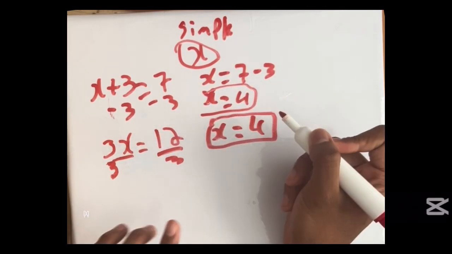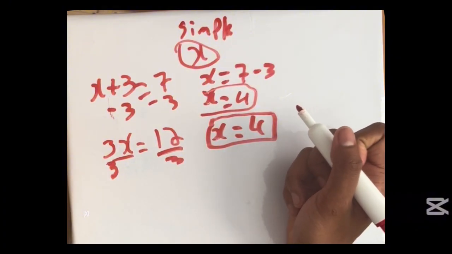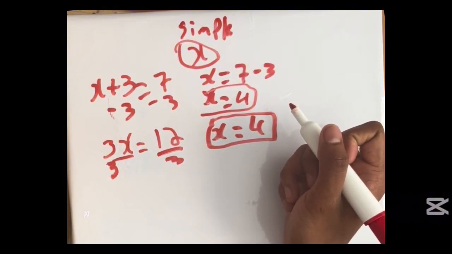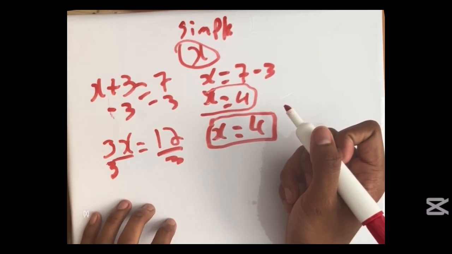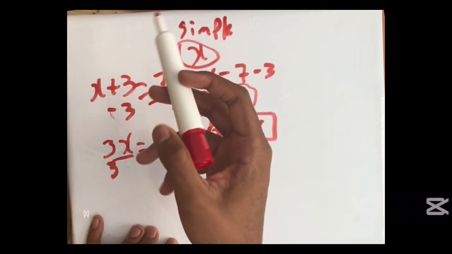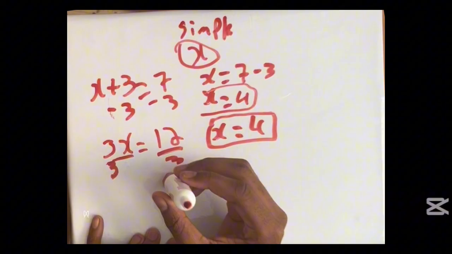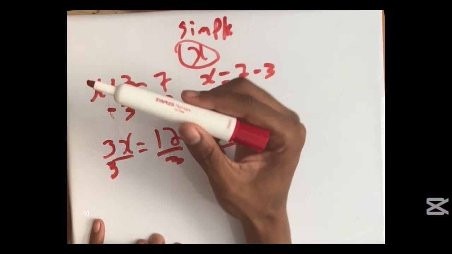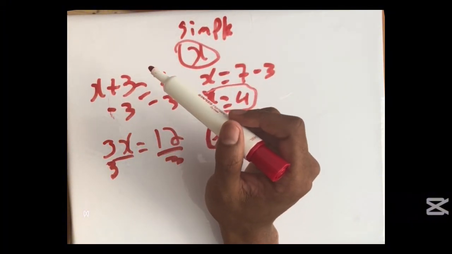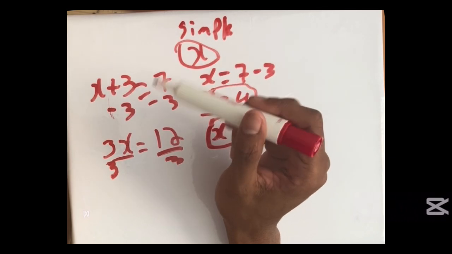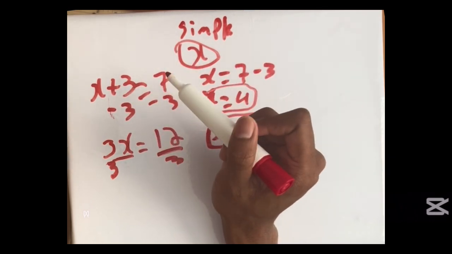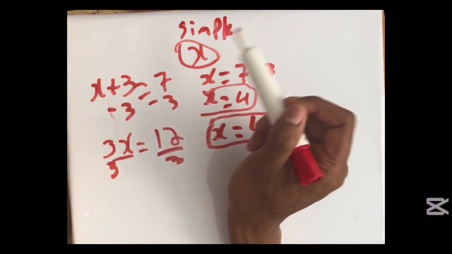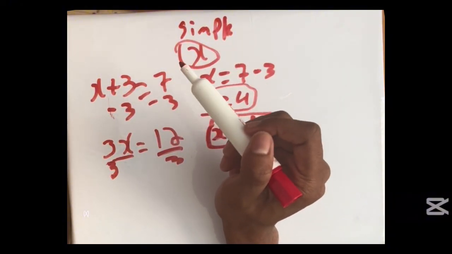X equals 4 again, right? Something you might notice here is that when we're solving equations with one variable, we always try to isolate x by doing the opposite operation on both sides for the number that's on x's side.